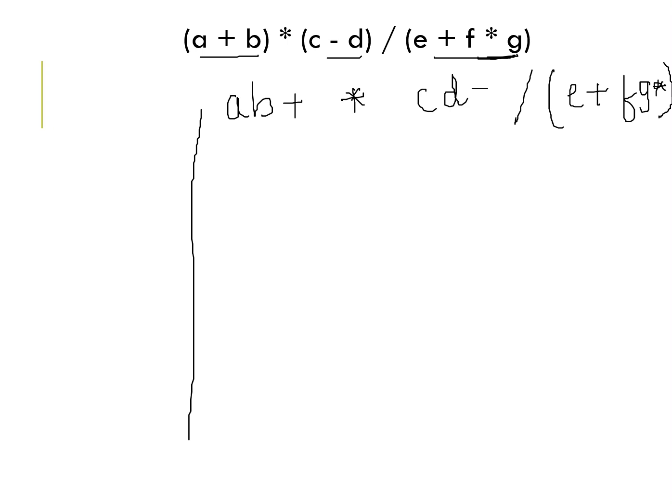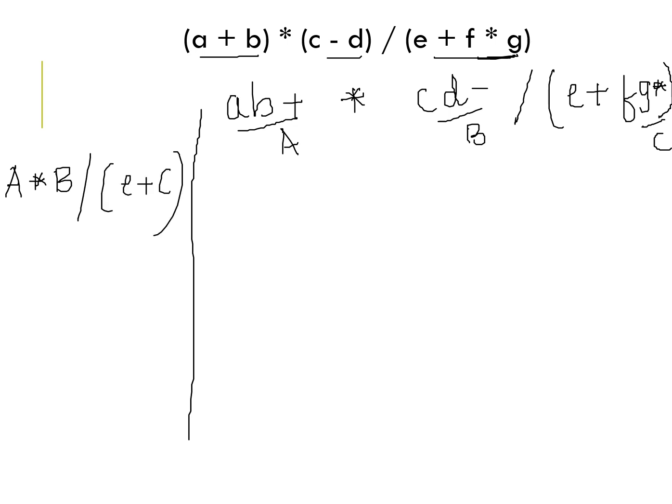Now if you observe, I'll rewrite this as A, this as B, and this postfix as C. Hence my equation will be updated as, I'll write it in the rough column, A star B divide bracket E plus capital C. Again I have to solve my bracket.